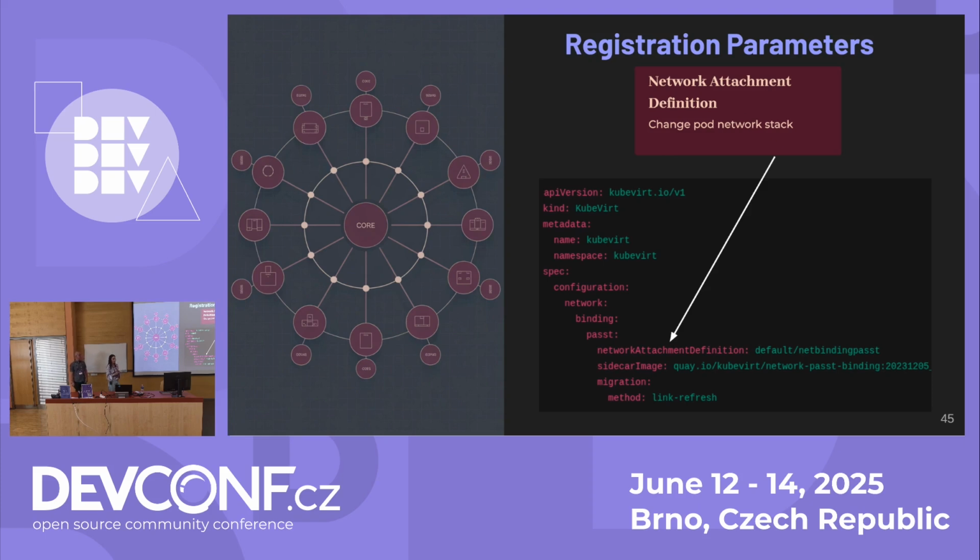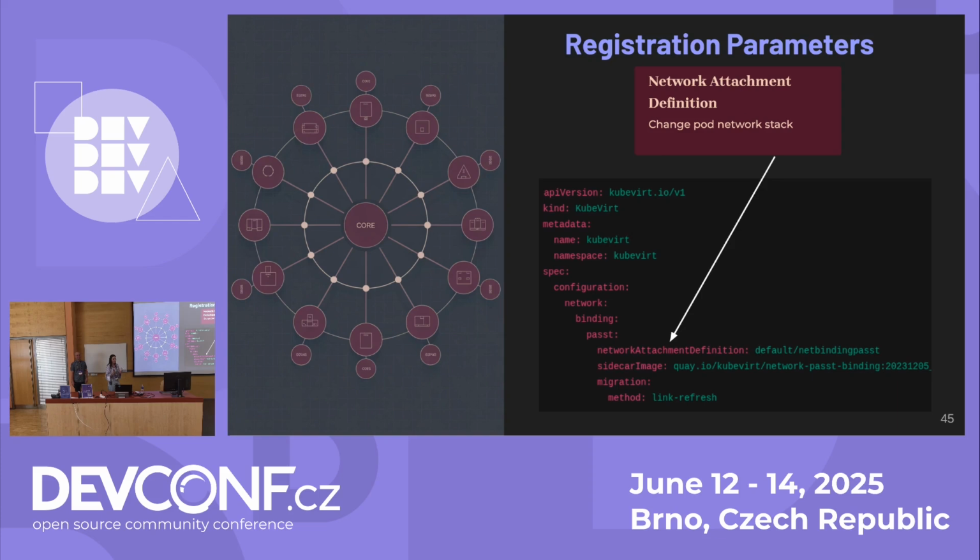And what's important here is that this CNI is implemented by the developer of the plugin. It is his responsibility to maintain its own life cycle. It lives in his own repo. He needs to build it, he needs to deploy it, and all that needs to be passed here in the registration is the network attachment definition name.